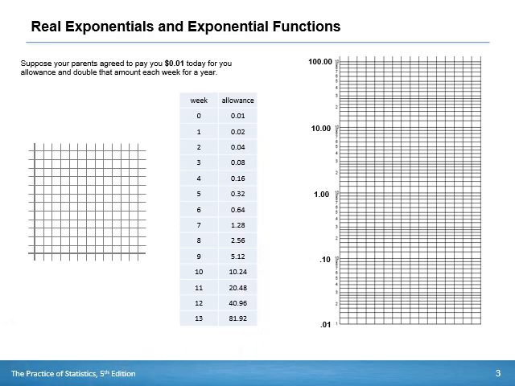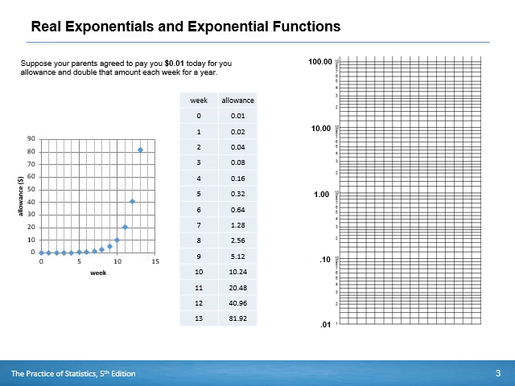If we were to graph this data, it would look something like this. You can see that at the beginning, it looks as though you're getting almost nothing. It looks like 0, 0, 0, because we want a rather large scale in order to fit as many weeks as possible.